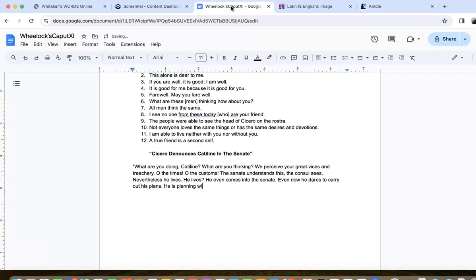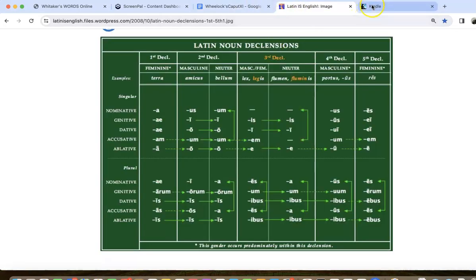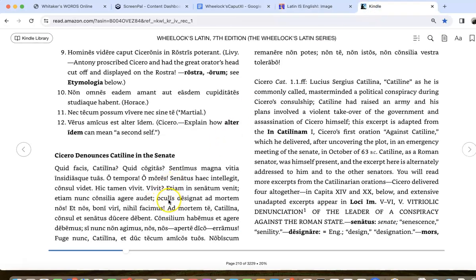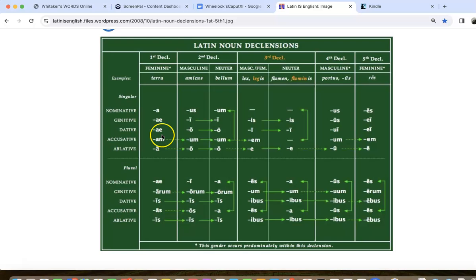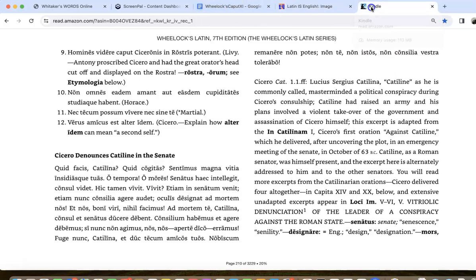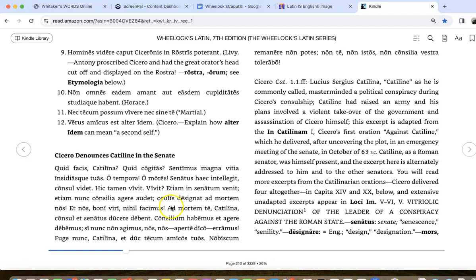Now, a grammar point to note in this case is with his eyes, because second declension dative plural is is. And so when we have dative, we use with. Could be ablative too, really doesn't matter, but that's why it ends in is. So he is planning or scheming with his eyes our death.